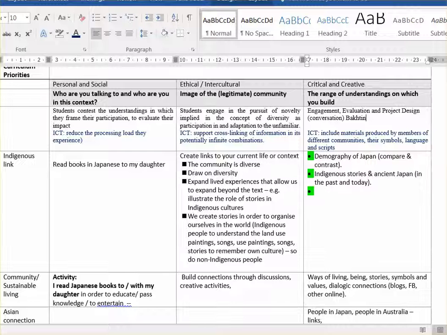So what the critical and creative capability is about is for us, teachers, to reflect on the range of resources we bring with us into the learning environment, to allow our students, or children in this case, to have a look at what's happening elsewhere, next door and there and in many places.